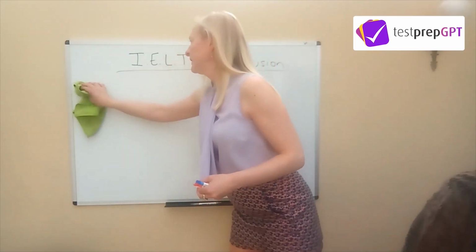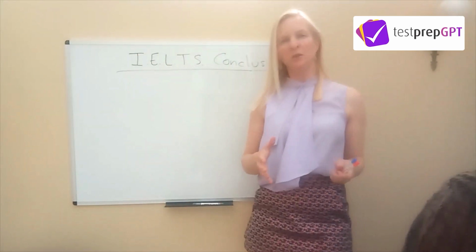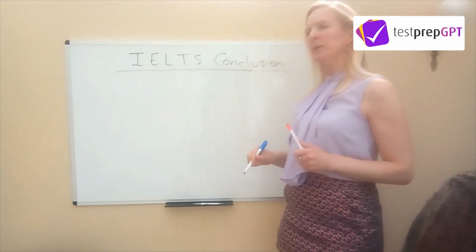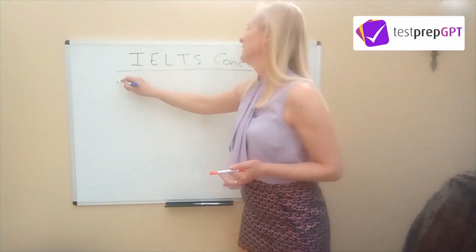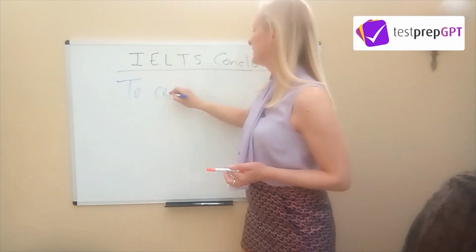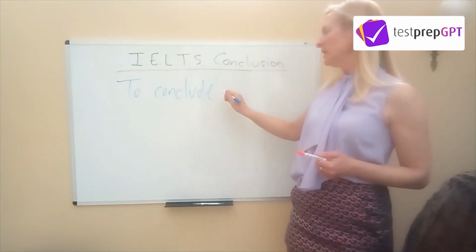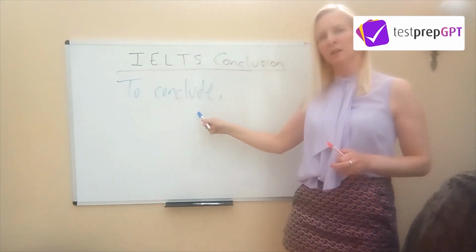Let's talk a little bit now about lexical resource and the language that you'll be using in the conclusion, because there seems to be a little bit of confusion over the language to use in this type of essay. So I would recommend that in the beginning of your conclusion you write "to conclude."